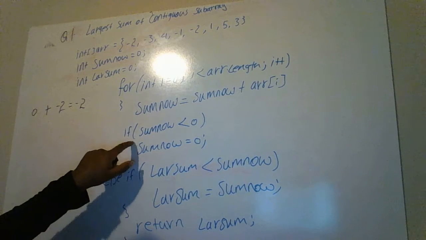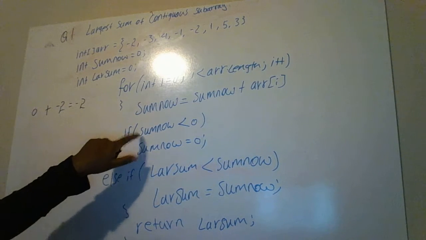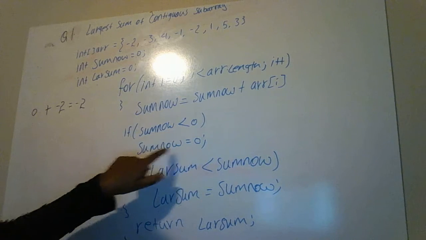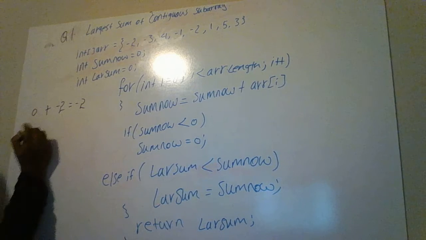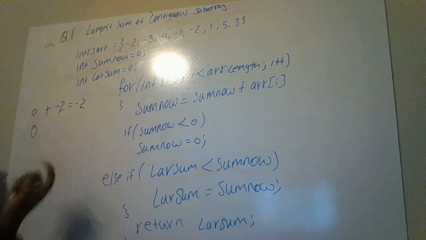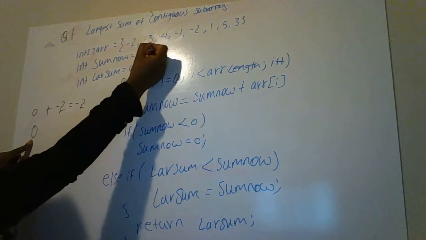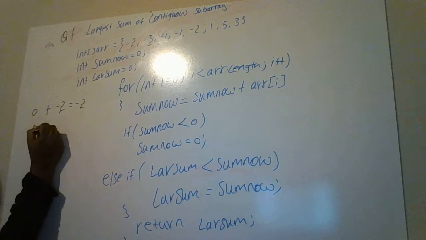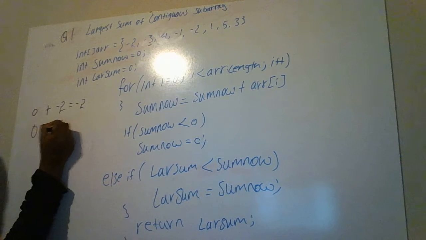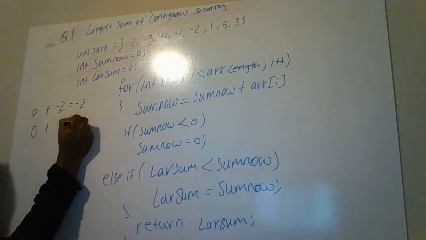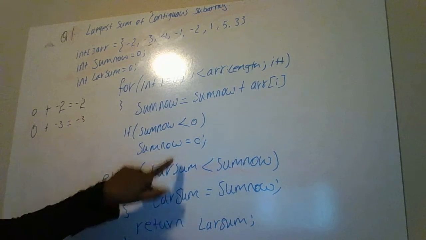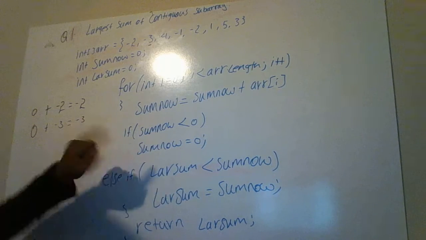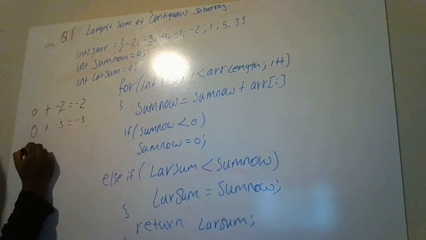That puts us in this situation: sum now becomes less than 0, so we set sum now back to 0. Now we go to the next index, and we have -3. That gives us -3, so sum now is still less than 0, and we put it back to 0.